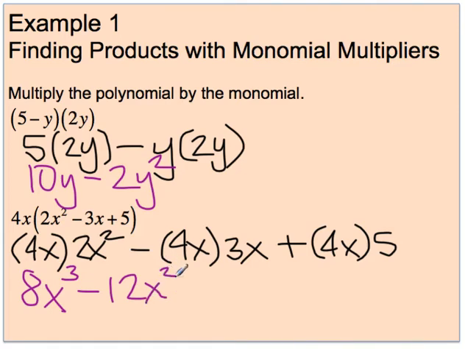And we have 4 times 5, which is going to give us 20, multiplied by x. So that gives us the final answer for the second question. Multiplying a monomial times a polynomial is really just like using the distributive property. We're going to take the monomial and distribute it to each term of the polynomial.